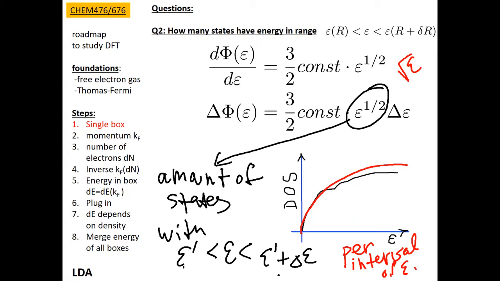Good. So if you take the derivative of the total number of states over energy, this will be the number of states that have a specific energy, the density of states. And it will behave as a square root. Make sense?